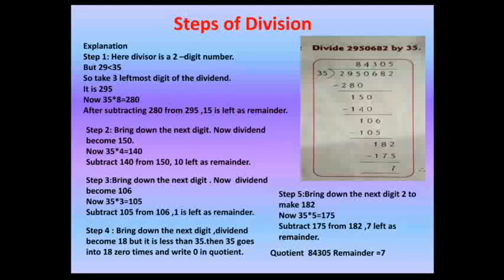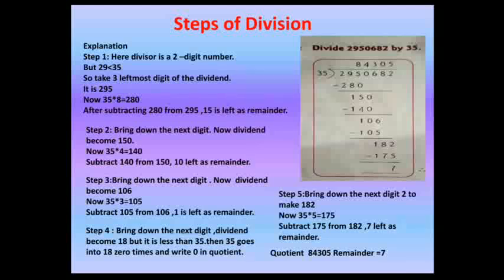When you subtract, you get 15 as remainder. Now the next step is to bring down the next digit. The next digit is 0. When you bring down 0, it becomes 150. Now again multiply 35 by 4, it becomes 140. 140 is less than 150. The remainder is 10.